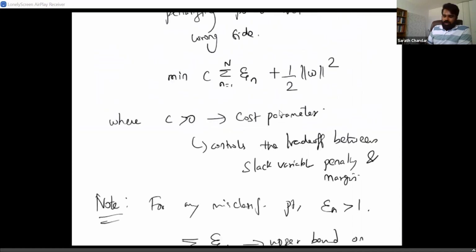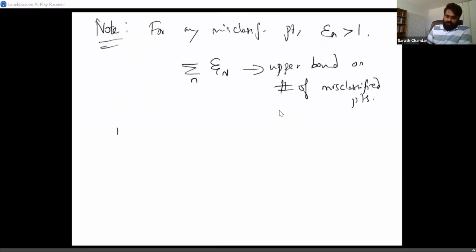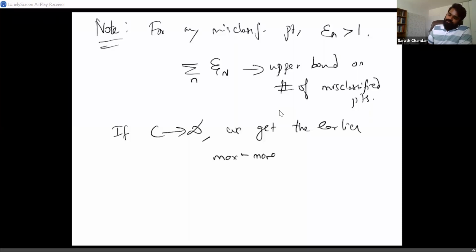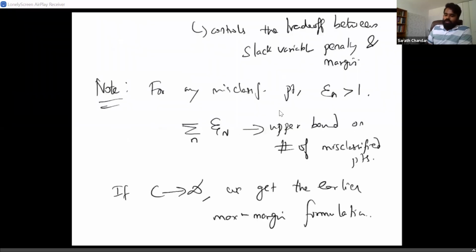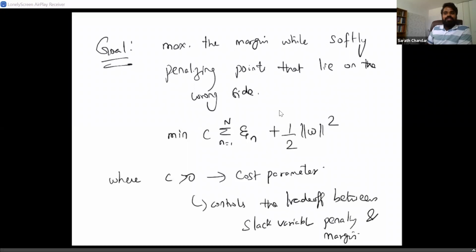If C goes to infinity, then we basically get the earlier max margin formulation. If I set C to infinity, epsilon has to go to 0, so everyone should be within the margin. So the previous version that we discussed is a special case of this soft max margin problem.